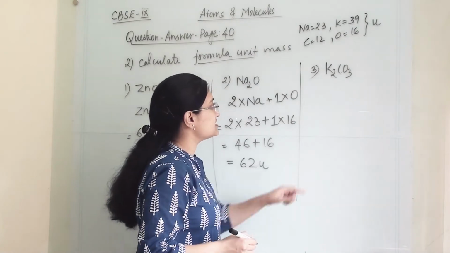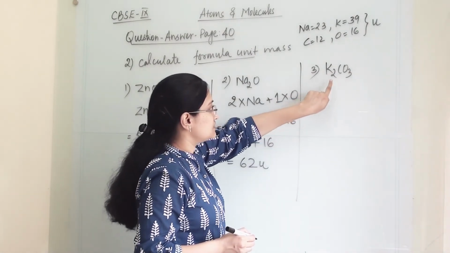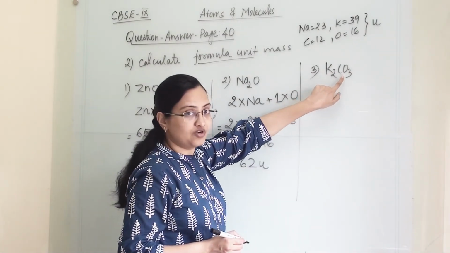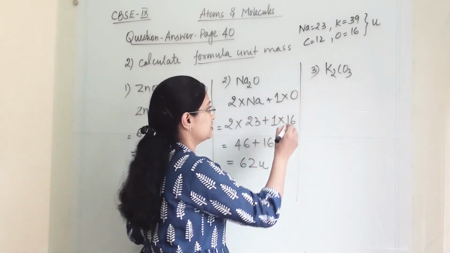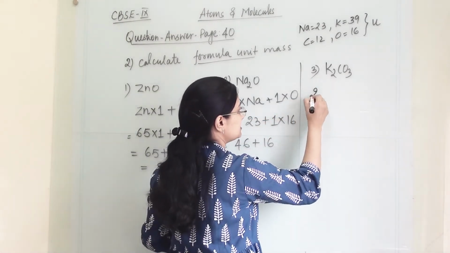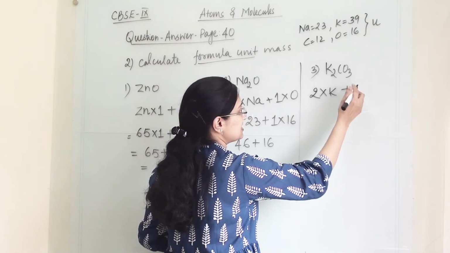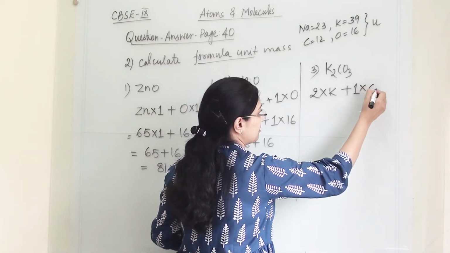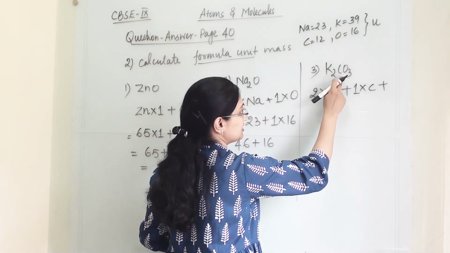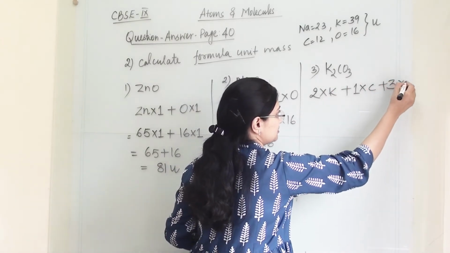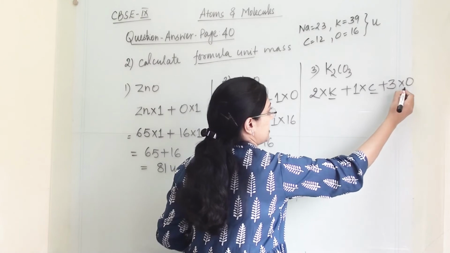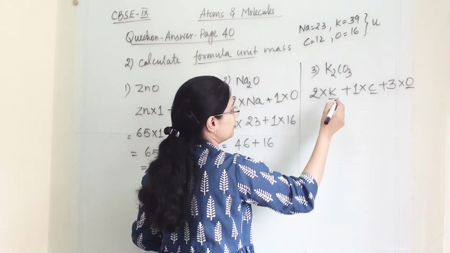Now third is K2CO3. This is potassium and this is carbonate. So this is potassium carbonate. How many potassium are there in this? 2 potassium. Plus how many carbon are there? 1 carbon. And how many oxygen are there? 3 oxygen. So now we add their atomic mass.